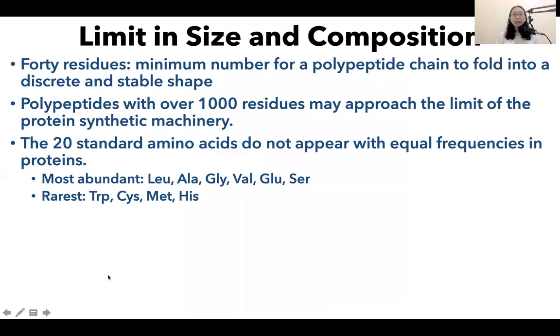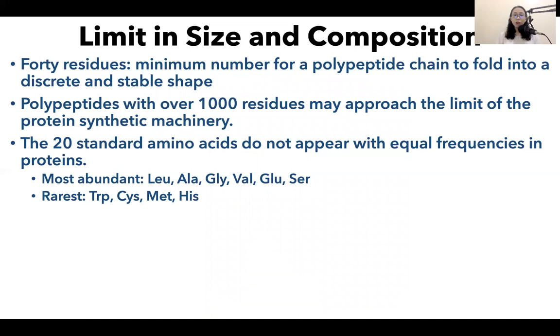So the 20 common amino acids do not appear with equal frequencies in our proteins. Again, observing your data, the most abundant of these amino acids include your leucine, alanine, glycine, valine, glutamate, and serine.